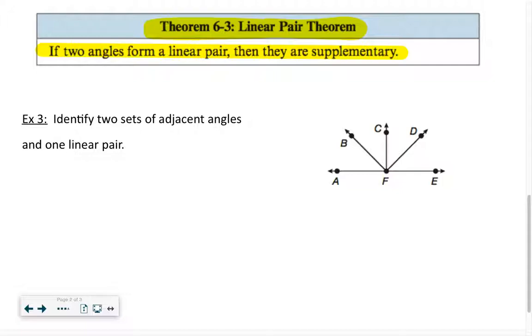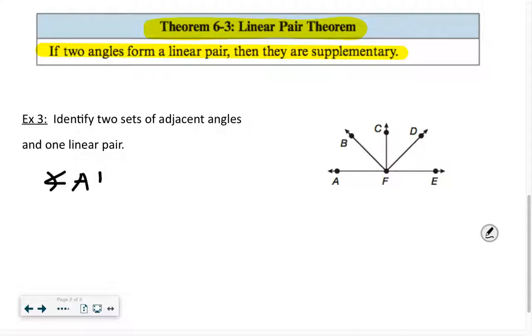They love to ask this question. Identify two sets of adjacent angles and one linear pair. Let's start with two sets of adjacent angles. What I would do is just start by identifying an angle.